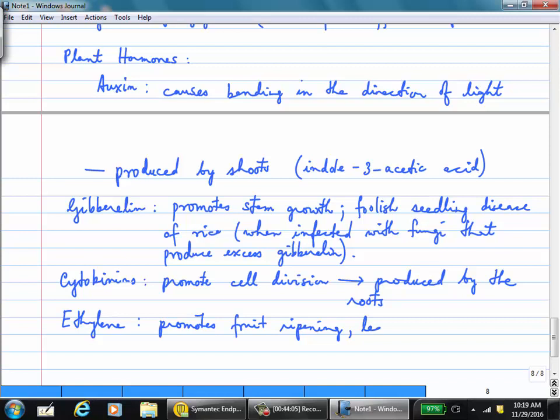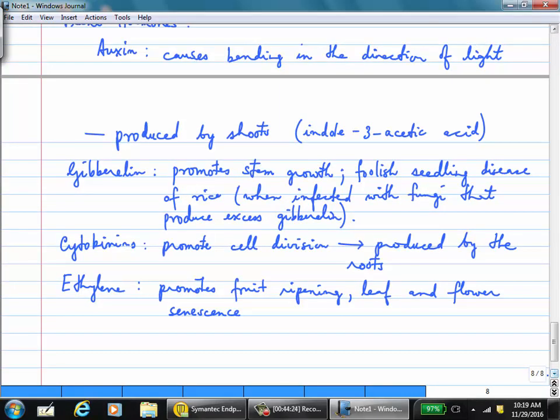Then leaf and flower senescence. Senescence means growing old. If the fruit is ripening, it's time for the leaf and the flower and all to grow old and die, and fall off. Then the next hormone is what is called abscisic acid, abbreviated as ABA.